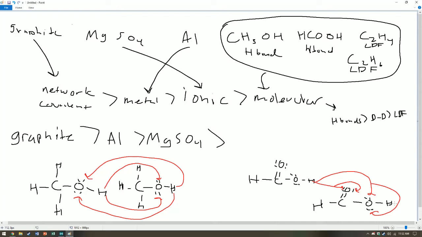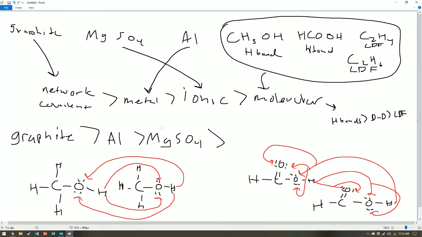And similarly, we can have a similar effect with the possibilities. So there's two options for this hydrogen here, right, for where it can hydrogen bond. But here we can clearly see that there's four options where it can place its hydrogen bond.